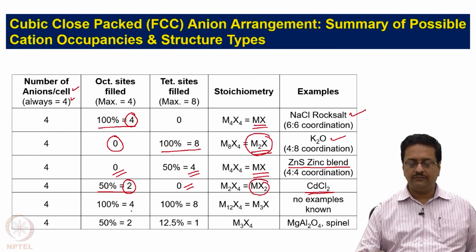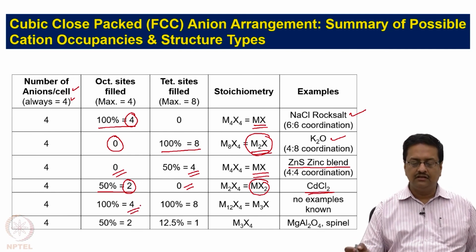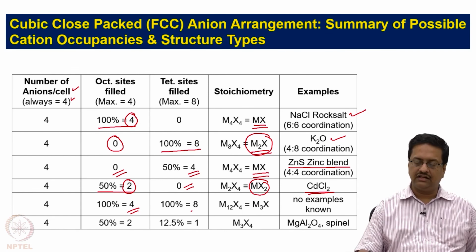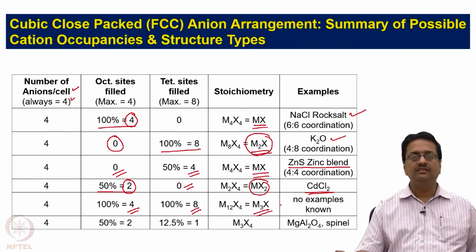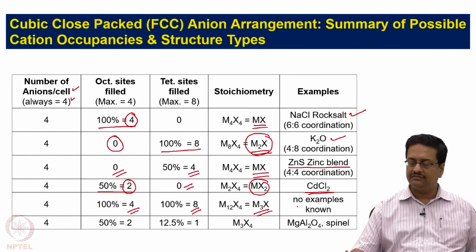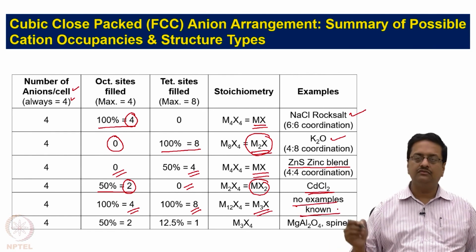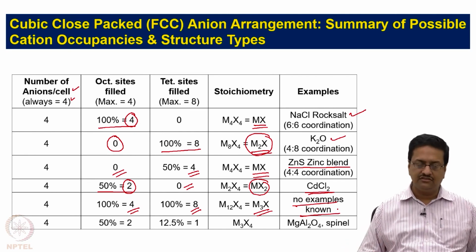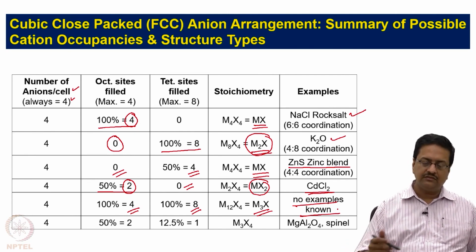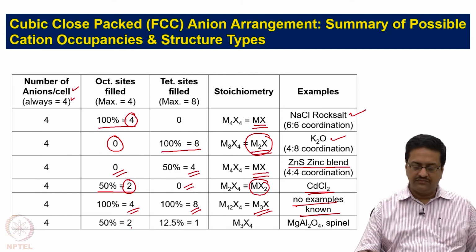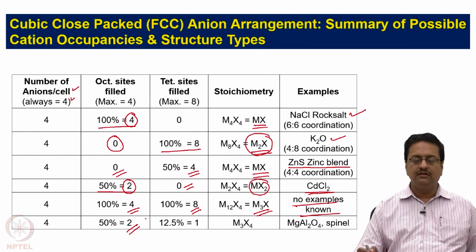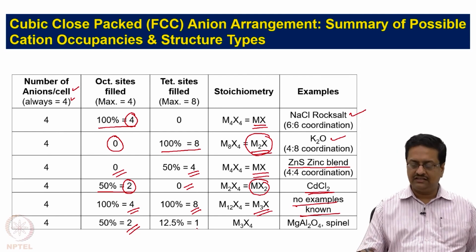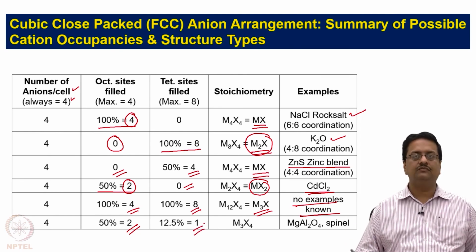The other theoretical possibility is that both octahedral and tetrahedral sites are 100% occupied, so one should have a formula of M3X, but till now there are no such known structures having this type of coordination geometry. The last type that one can think of is 50% occupied in the case of octahedral sites and 12.5% occupied in the tetrahedral sites.